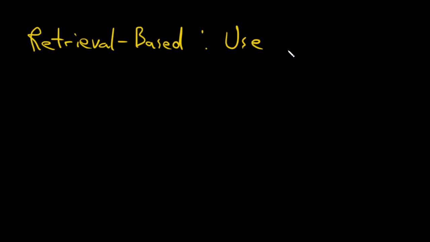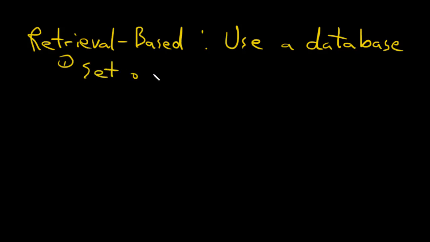Retrieval based models use a database, and the database has two components. The first component of the database is the set of inputs.